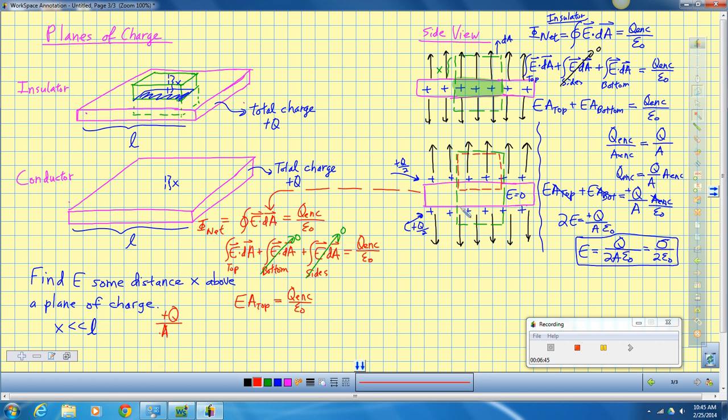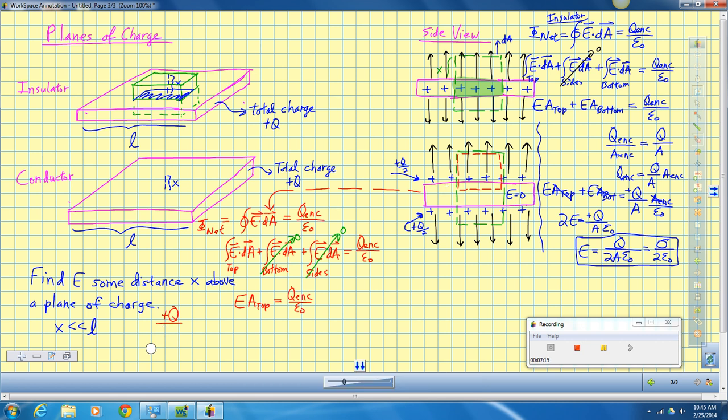Okay? But as I'm comparing this surface area to this surface area that had charge on it, if I called, in my previous problem, this area A, I have to call the area that charge is on in this problem 2A, because this plane and this are the same size, but I have charge here and I have charge here. I'm spreading this charge out over twice as much area.